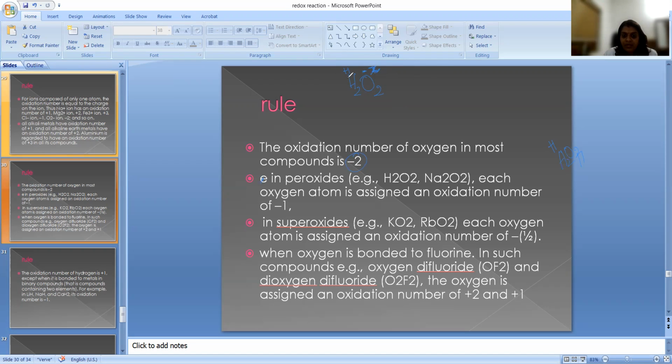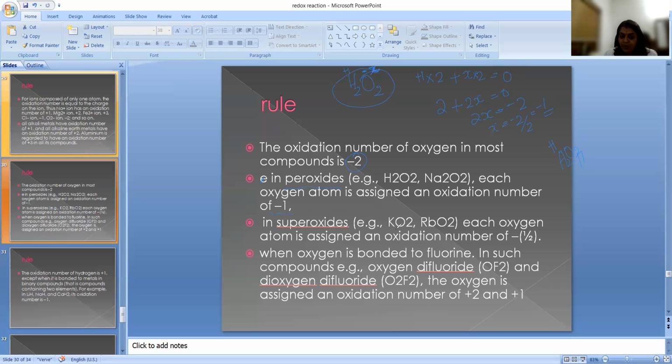We know hydrogen is +1, so +1 into 2 hydrogens, plus X into 2, is equal to 0, because H2O2 is a neutral species. So we can write 2 plus 2x equals 0. Then 2x equals -2, so x equals -2 by 2, which is -1. In this way we are finding. So in the case of peroxide, the oxidation number will be -1.